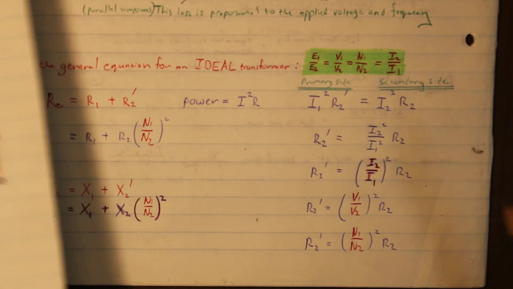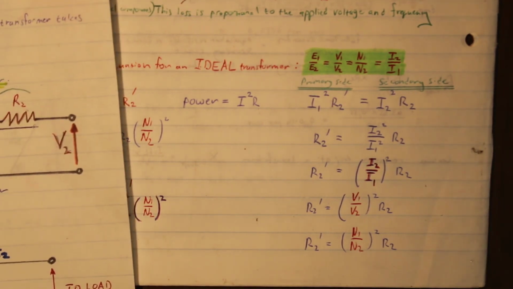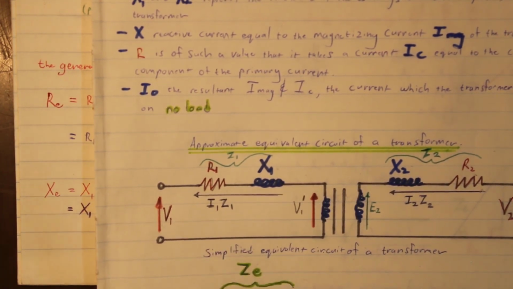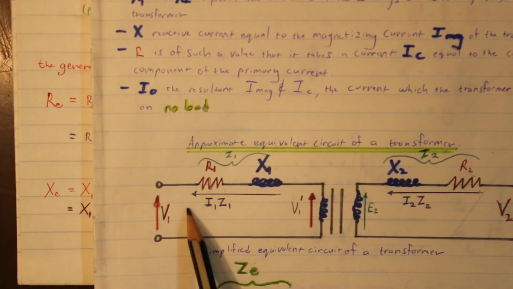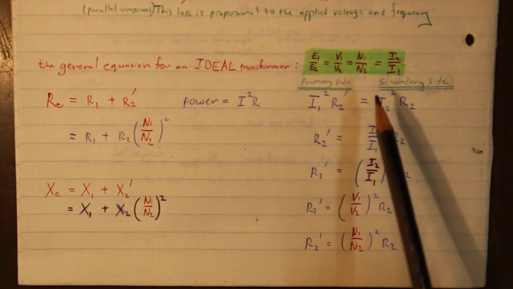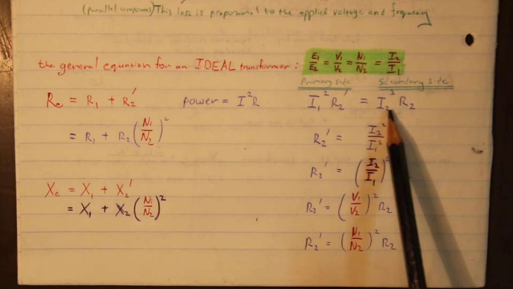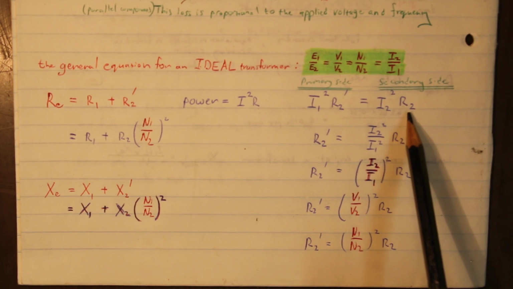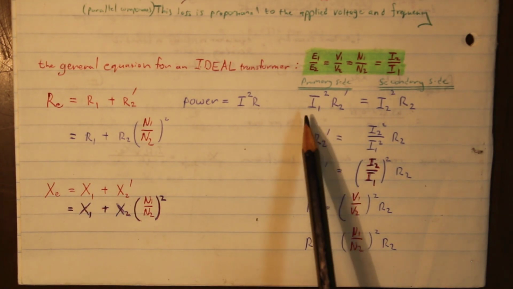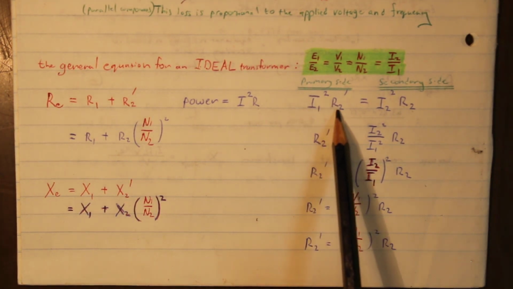Now if I shift this resistor over, what will I have? On this side there's obviously I1, and when it's shifted over, it's going to be called R2 prime. So on the secondary side again, we have I2 squared times R2, and on the primary side, when we transfer or refer it over, it's going to be I1 squared times R2 prime.